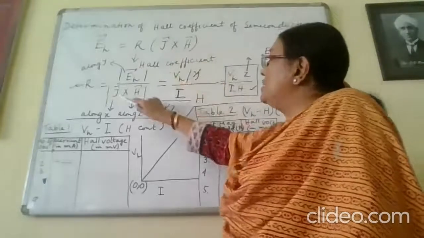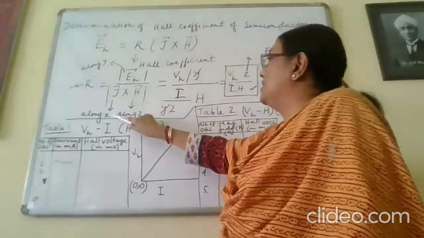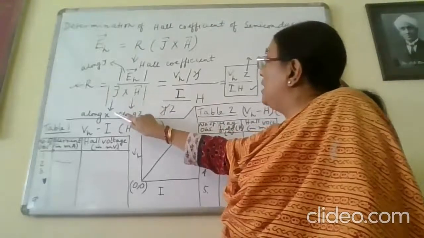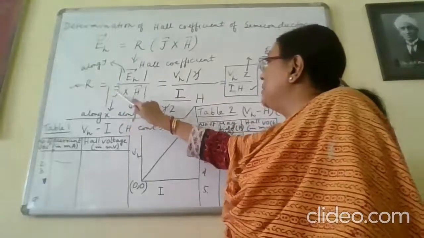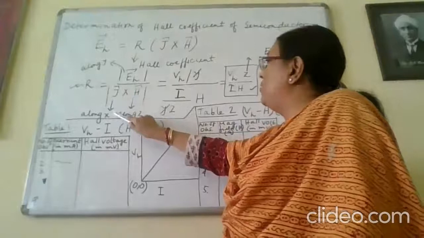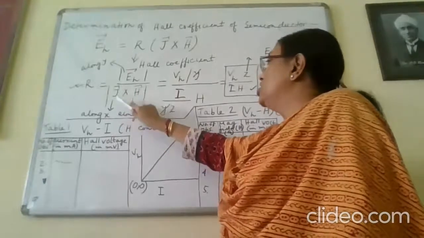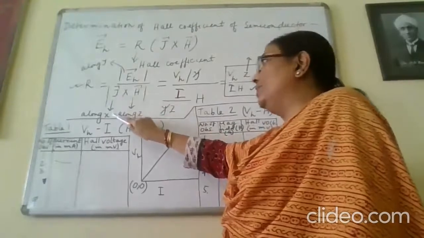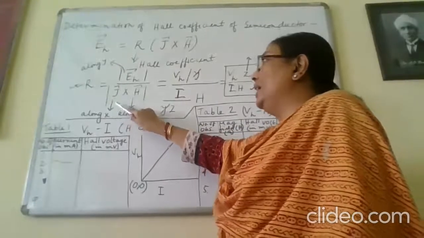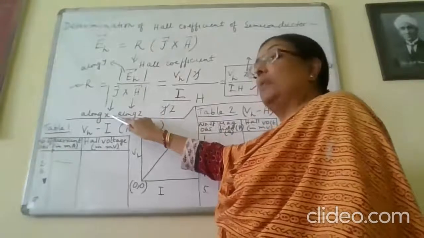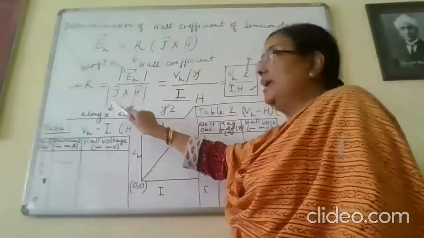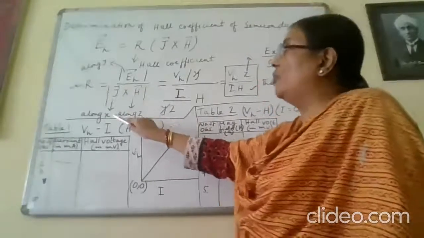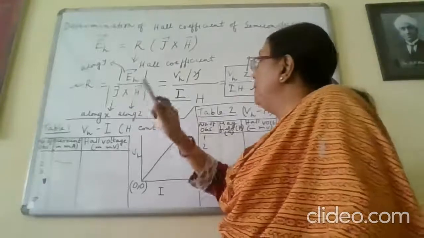Now if you consider J along X, the current density, that means current we are considering flowing along X. So what about the corresponding current density? Current per unit area. So if it is along X, the corresponding area will be along the direction of Y and Z. Okay.